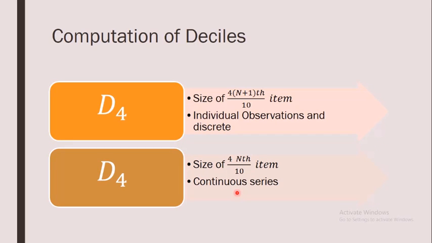Similarly, when you compute deciles, the difference is that you divide by 10. If it is D4, then it is 4 divided by 10 into (n plus 1)th item in the case of discrete or individual observations, and in the case of continuous observations, 4 divided by 10 into nth item.